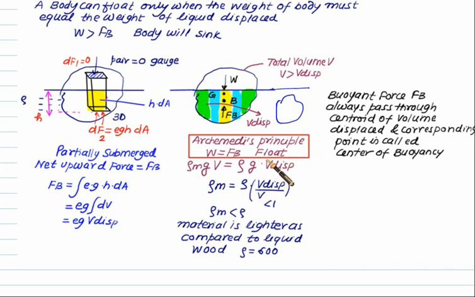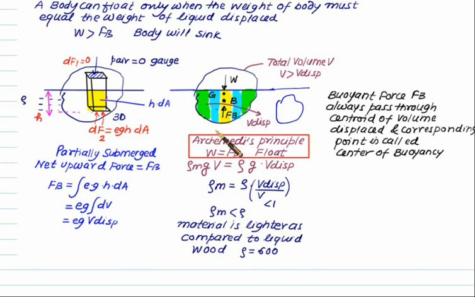The point through which the weight will act is called the center of gravity, and the point through which the buoyant force will pass is the center of buoyancy. As far as the complete volume is considered, you have to locate G, and the center of buoyancy is nothing but the center of the volume displaced, that is this portion. So that centroid is different.